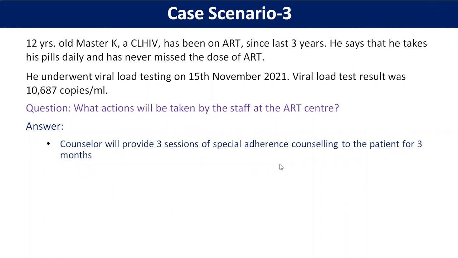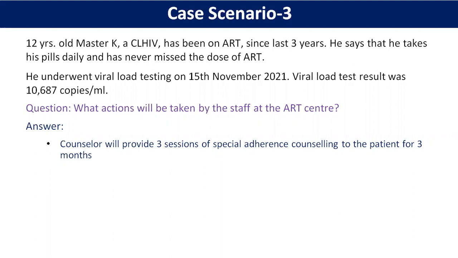So the counselor will provide 3 sessions of special adherence counseling to the patient for 3 months. You have to give extra energy and extra time, and step-up counseling has to be done. And how to do the step-up counseling? There are some checkpoints. Make a checklist of questions, ask them and do it regularly, every session. So 3 sessions must be taken, and sometimes you might need 4 sessions also.